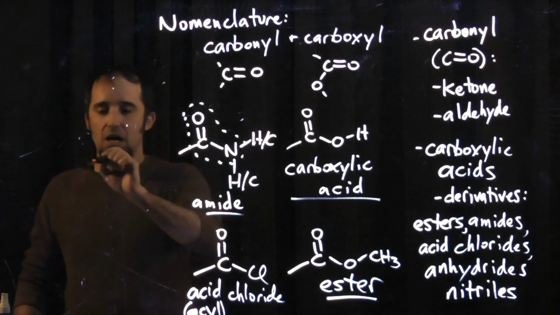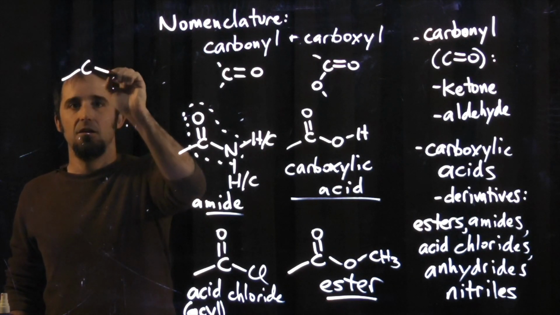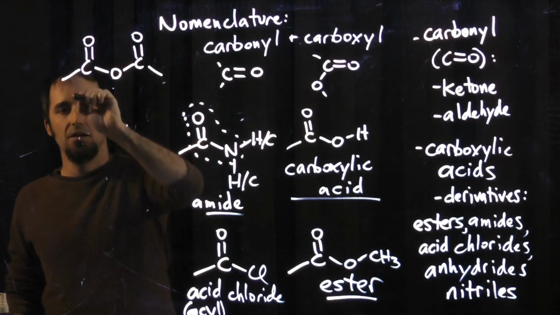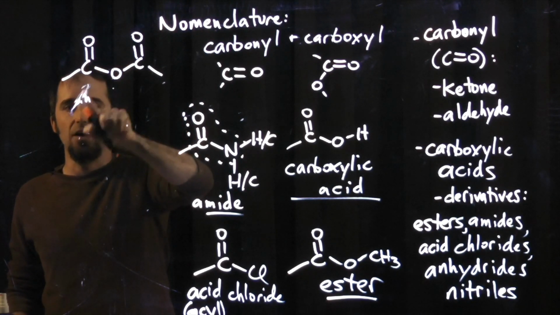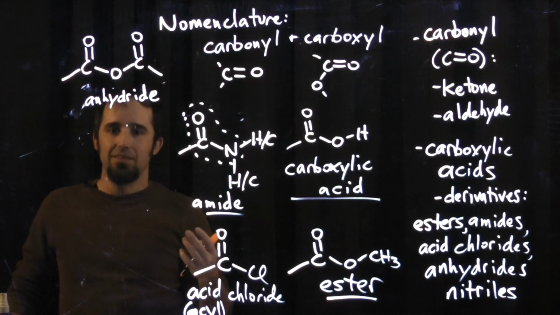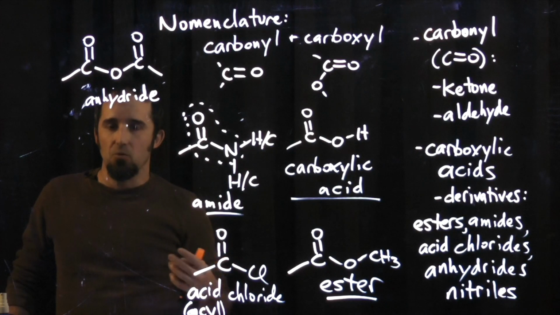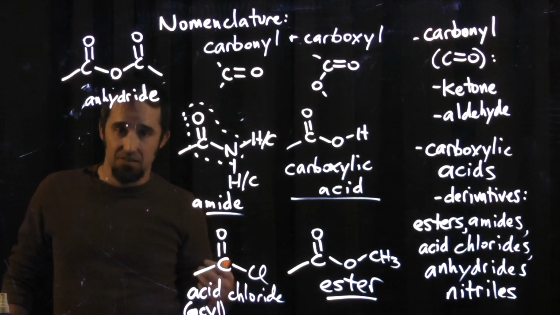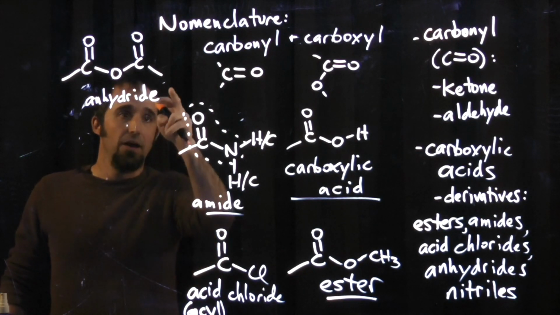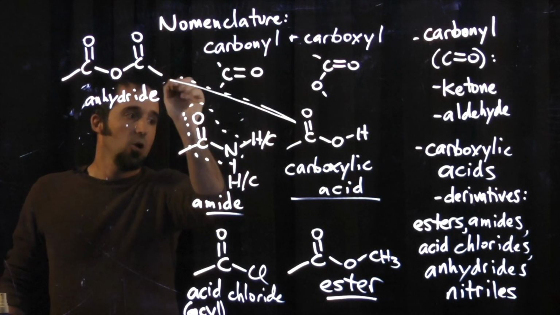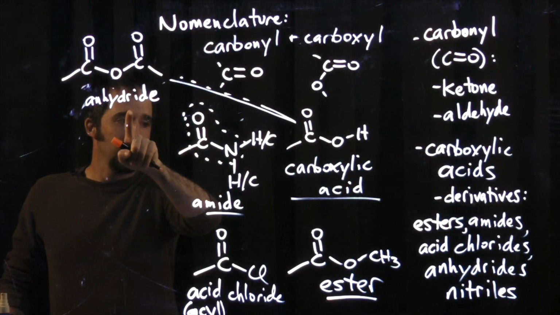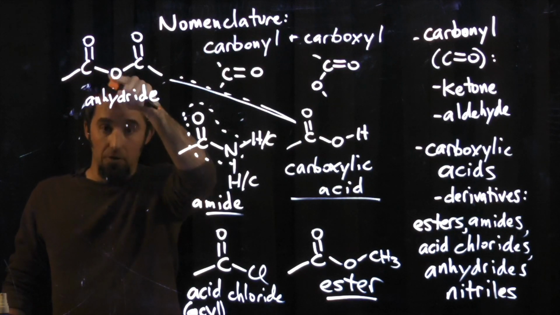Another compound that's reactive like that, and that is very chemically similar to an acid chloride, is something called an anhydride. Now, with a name like anhydride, you might think that it's missing water, right? Anhydride sounds like anhydrous, sounds like dry. We took water away. And really, that is what this is. So if you compare this with a carboxylic acid, an anhydride is just 2 molecules of a carboxylic acid that lost water.